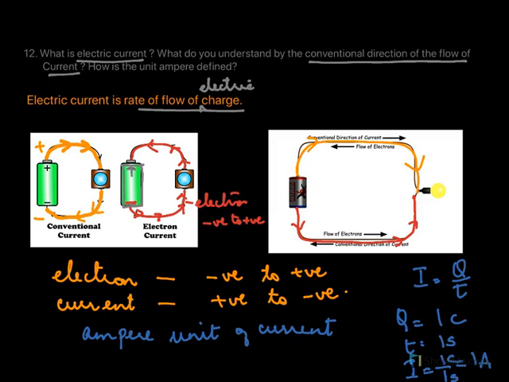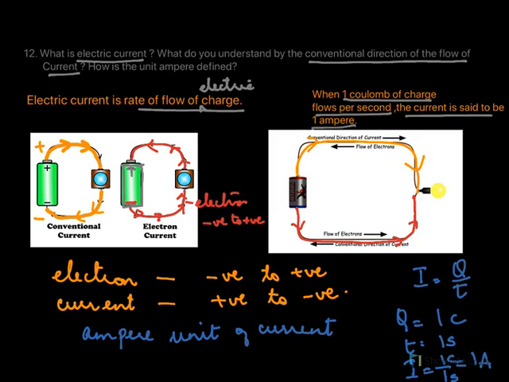So 1 ampere is the current when 1 coulomb of charge flows per second. When 1 coulomb of charge flows per second, the current is said to be 1 ampere.